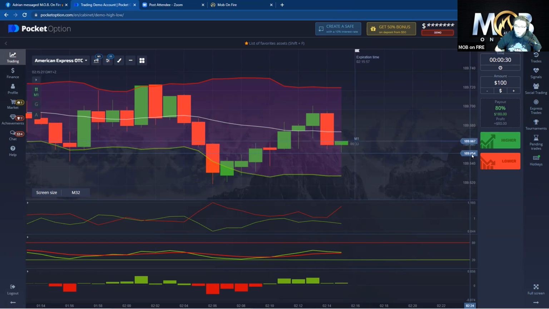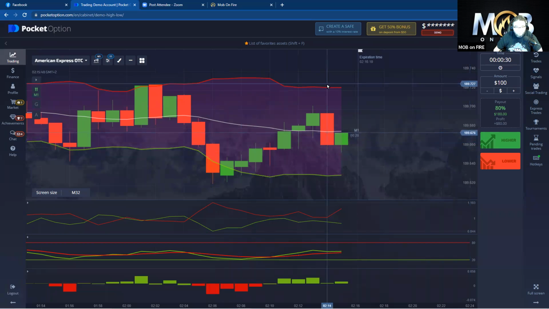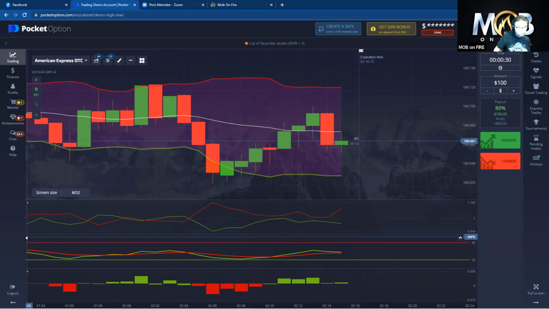What we have been concentrating on for the past 3 weeks is learning how to trade with the assistance of the Bollinger Band and the stochastic, that's a stochastic oscillator.